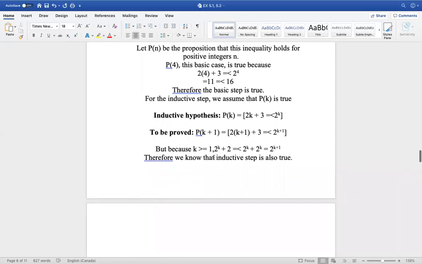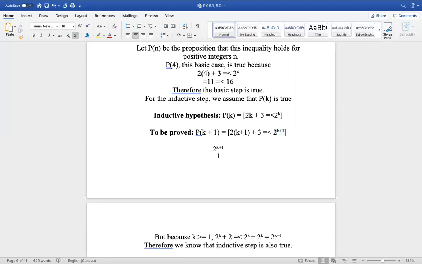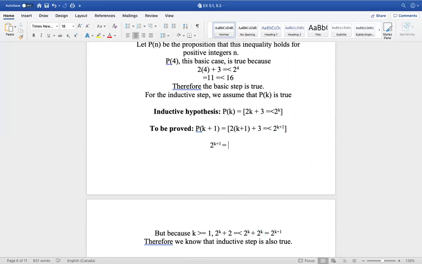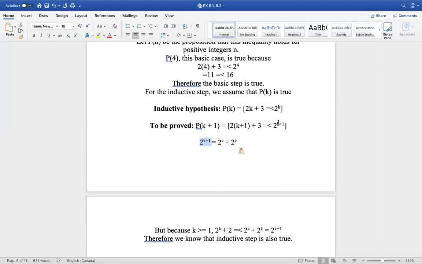Now we said that 2 to the power of K plus 2 here, maybe if I can just space it out here, is less than or equals to 2 to the power of K. So this thing over here is actually equals to 2 to the power of K plus 2 to the power of K. Okay, so we write this thing here as this thing here on the right hand side.